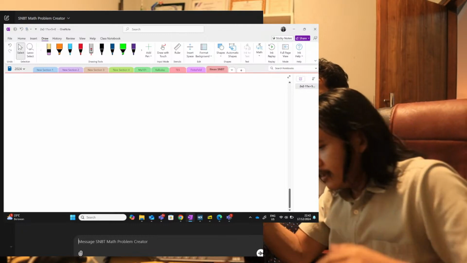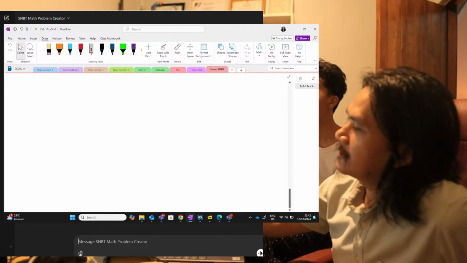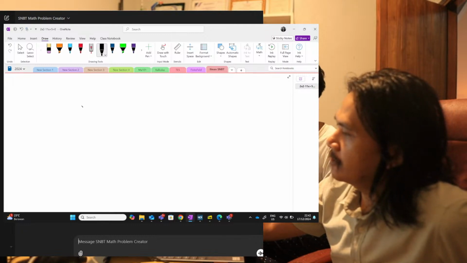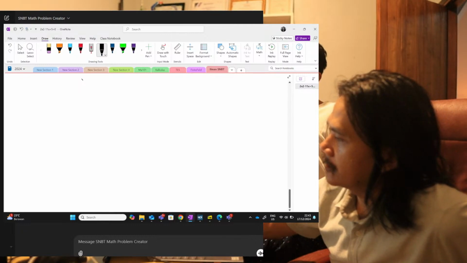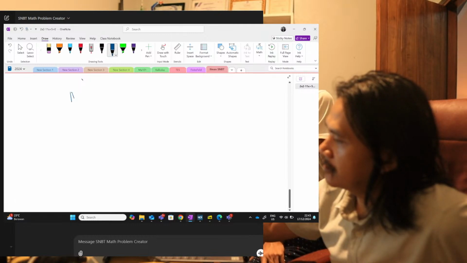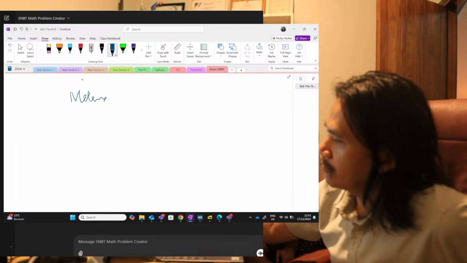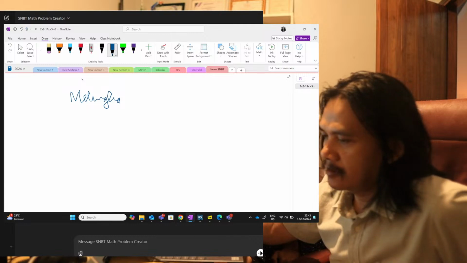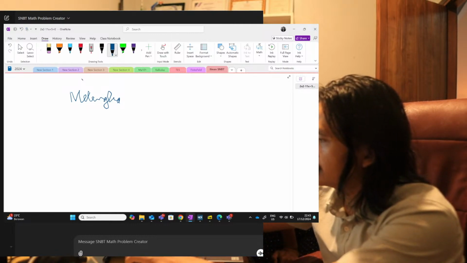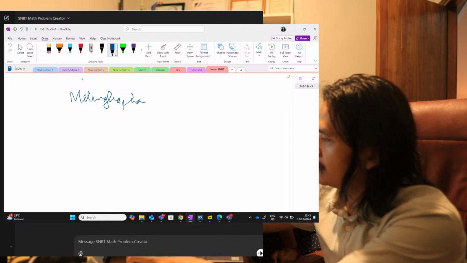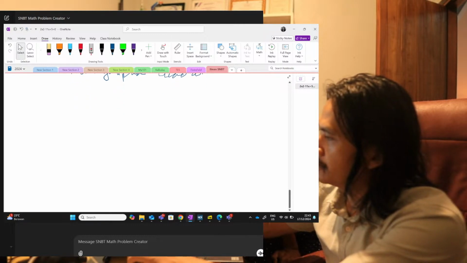So rumus ABC is basically from what we call melengkapkan kuadrat. Why is it like this? Oh, this one is not attaching to anything. Scratchy. Unreadable.